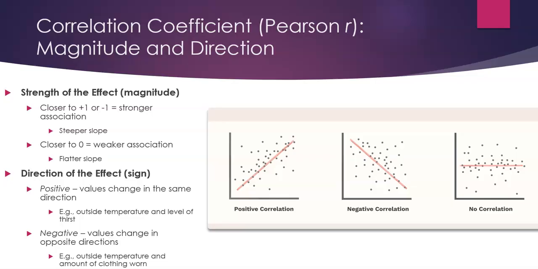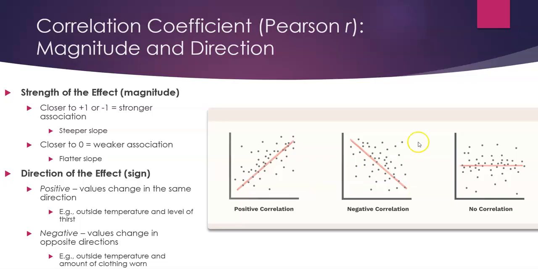In fact, the sign of the coefficient represents the direction of the effect, not the magnitude. So any correlation coefficient that is closer to 1 represents a strong association, right? So values closer to +1 or -1 represent stronger associations, whereas values closer to 0 are representative of weaker associations.